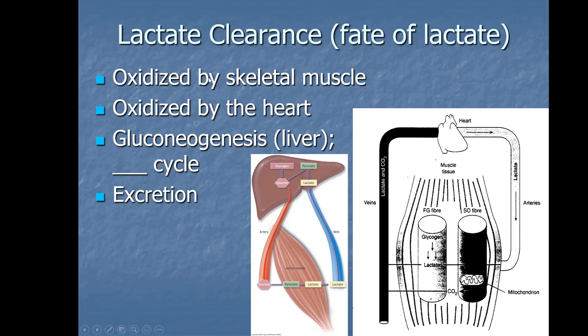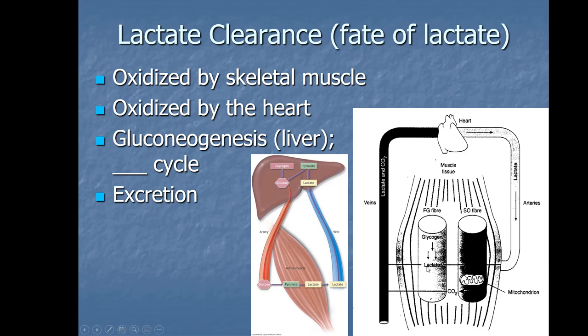Skeletal muscle can oxidize it and use it for energy transfer. The heart can also oxidize it and use it for energy transfer. As far as skeletal muscle, this is a picture showing what likely happens. Assuming that a lot of lactate is coming from your fast twitch muscle fibers, so this is supposed to be fast glycolytic, like type 2 muscle fibers.